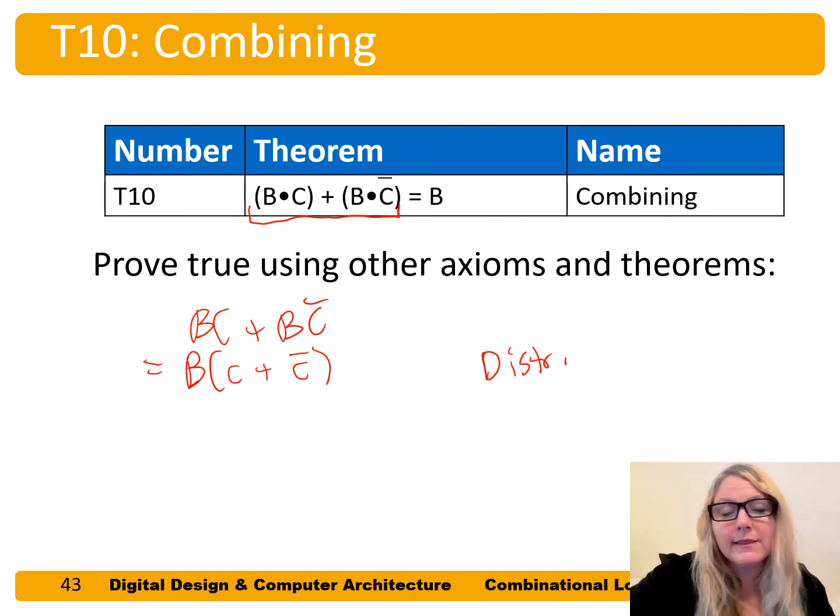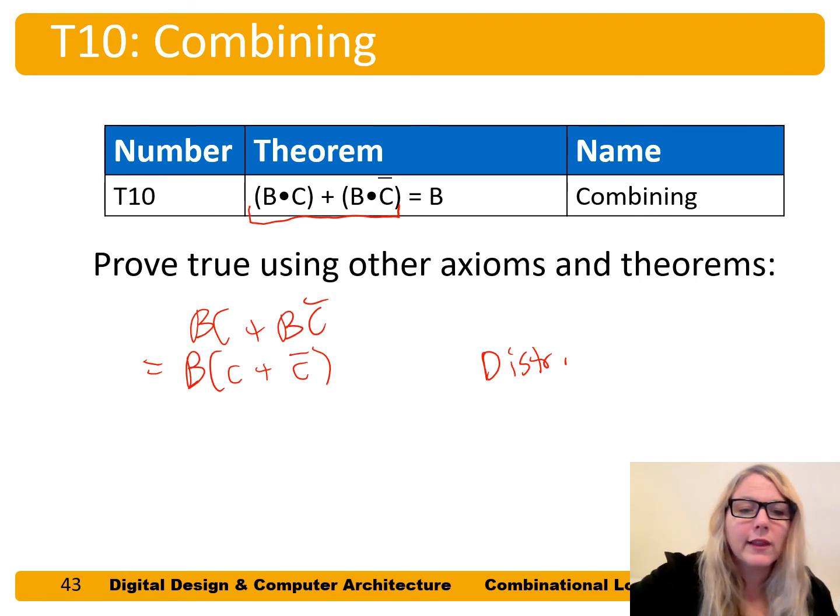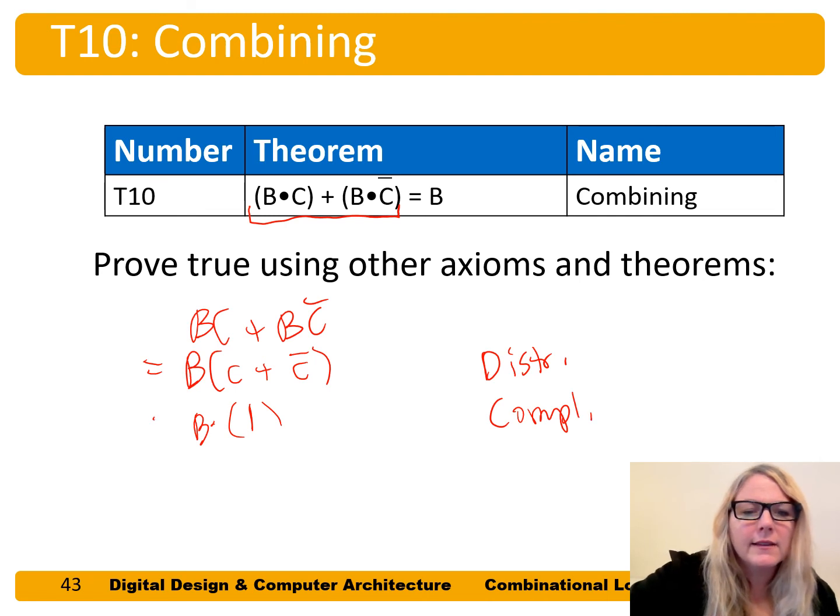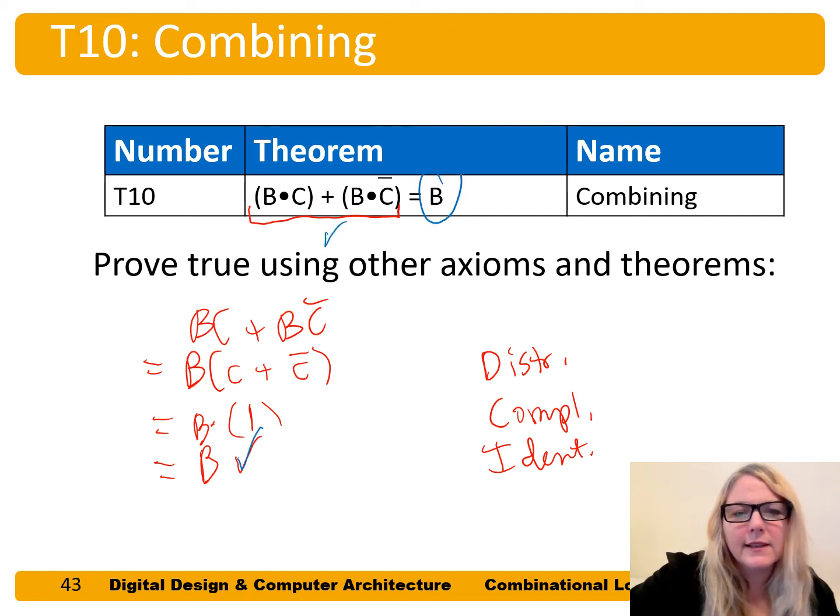Now remember that C or C bar is complements, right? One of those is going to be 1, so that's just going to become 1. We'll get B and 1 using complements. And B and 1, that's just identity. Anything ANDed with 1 is just anything. And so we ended up with the right side of that equation. We started with the left side and ended up with the right side, proving that the combining theorem is true.